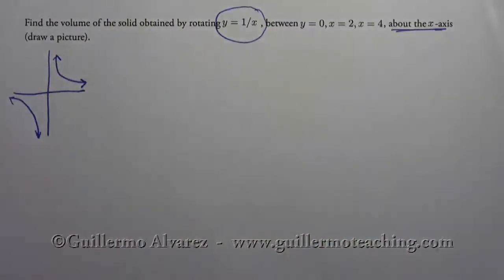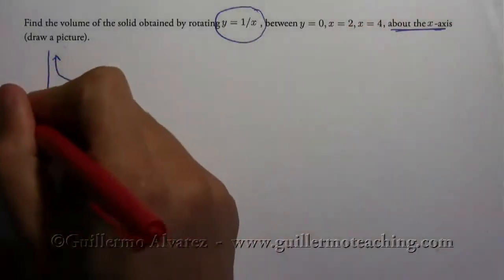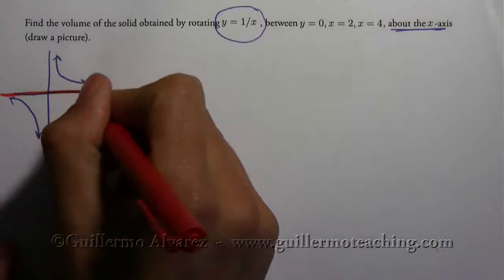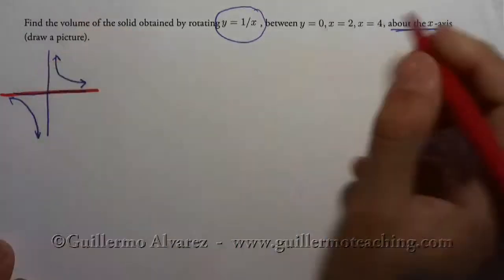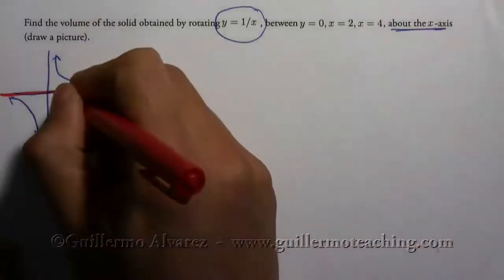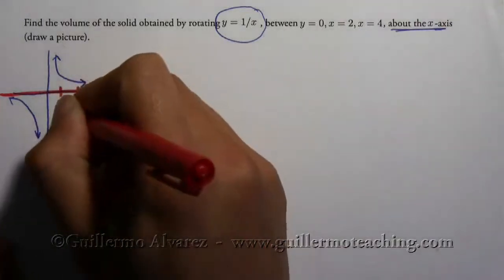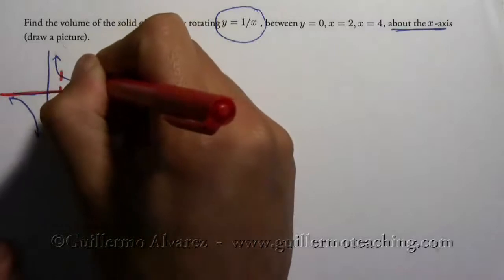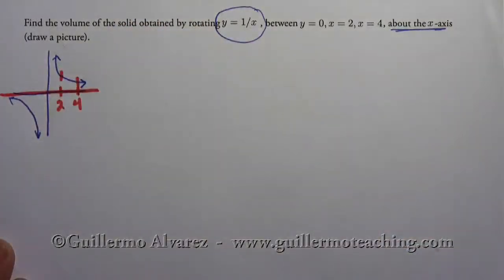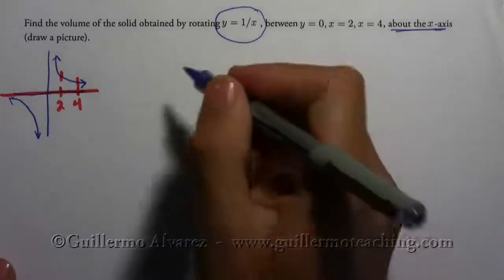Then if we chop it off according to what this tells us, between y equals 0, x equals 2, and x equals 4, this is what my chopped off graph is going to look like.